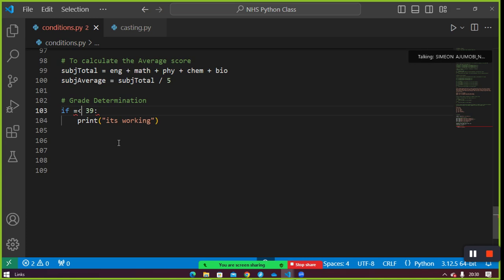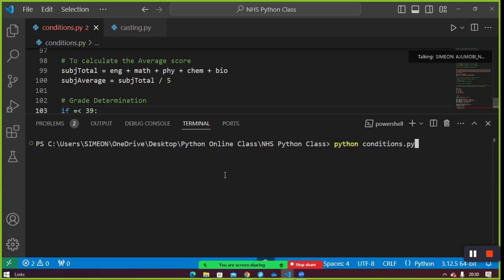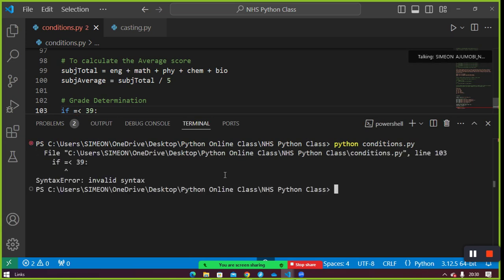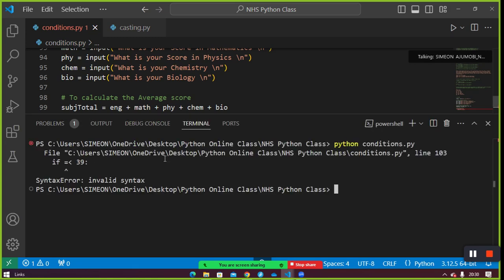Let's try this. Equals to or less than, still having error. Oh sorry, I'm not testing anything. I should have picked this variable. Yes, this is a complete statement. Now if subject average is less than or equals to 39, print it's working. Let's see if it will run now.